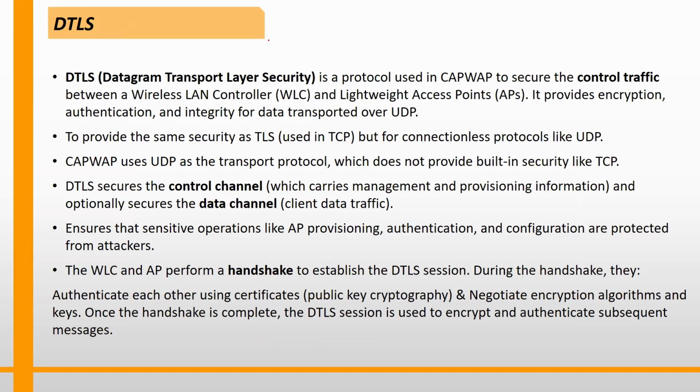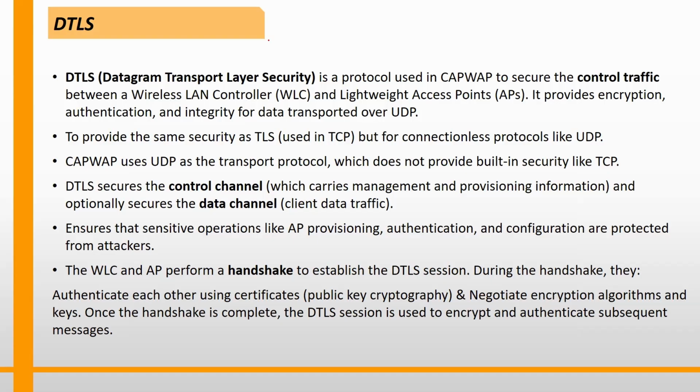DTLS is a protocol used in CAPWAP to secure the control traffic between a wireless LAN controller and a lightweight access point. It provides encryption, authentication, and integrity for data transported over UDP, to provide the same security as TLS used in TCP. DTLS secures the control channel and optionally secures the data channel.